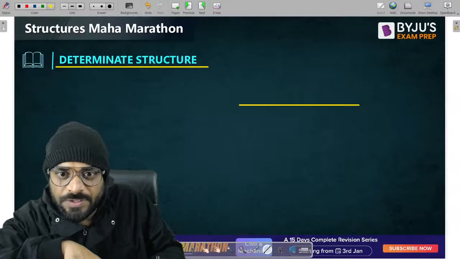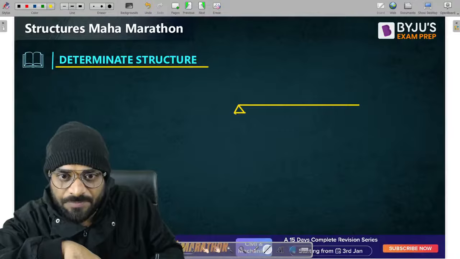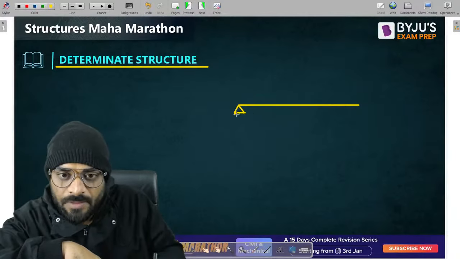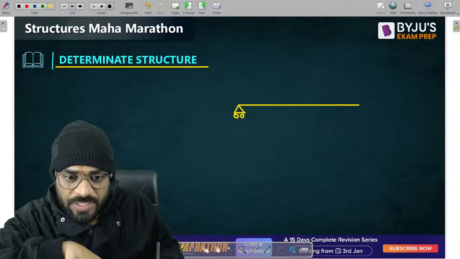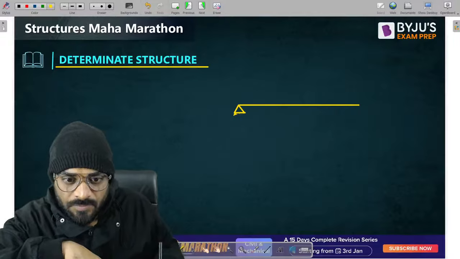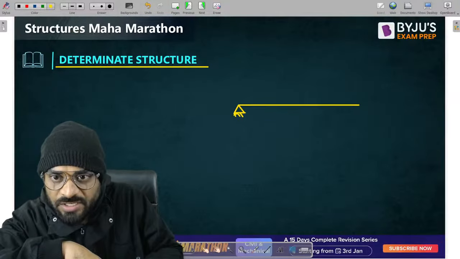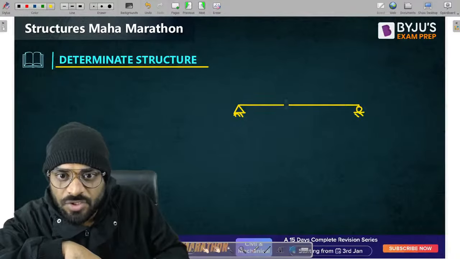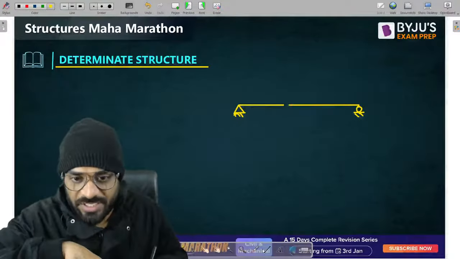So guys, let us suppose I want to draw the ILD for, not VA, let us suppose I want to draw the ILD for shear force at C. So as per Mueller Breslau principle, you have to release that particular reaction.